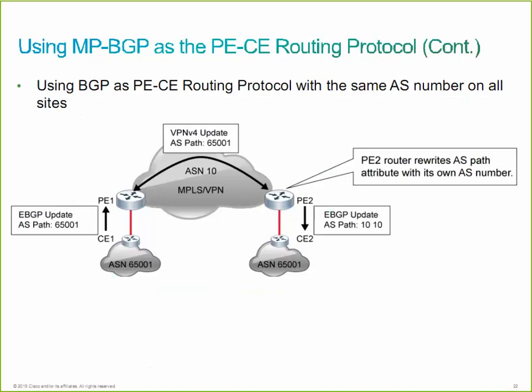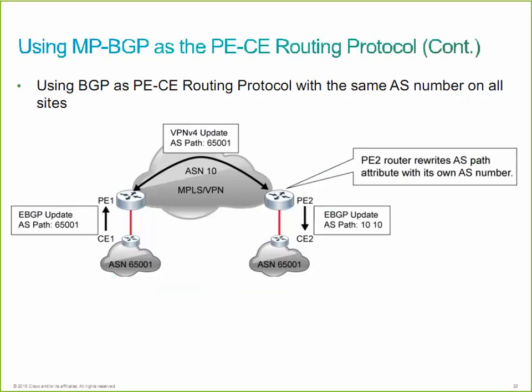There is a level of complexity, though, that gets introduced, and the extent of my knowledge on this particular aspect is really limited to what I've seen in a lab environment, because like I said, the most common approach is to use a unique autonomous system number for each customer site. So there is some complexity that gets introduced if you have the same autonomous system number for every single customer site.